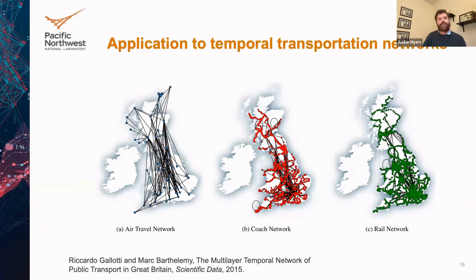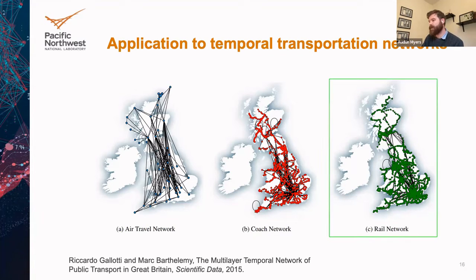So now let's look at some actual applications of how we apply zigzag persistence to temporal graphs. The first application I looked at was temporal transportation networks. So this is in Great Britain, where we have air, coach, and rail travel. I'm going to show you one quick example of this and focus on the rail network.